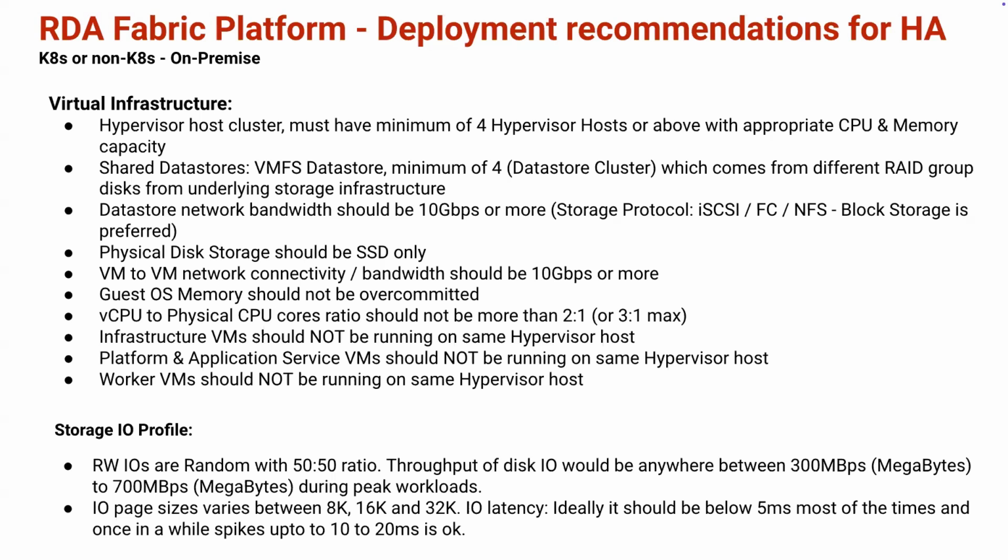When you're deploying on virtual infrastructure, at least 4 minimum hypervisor hosts are needed to distribute our VMs. The reason is that some of our infrastructure services like MinIO, OpenSearch, Kafka, NATS, MariaDB, and ArangoDB need to be distributed across a minimum of 4 nodes.